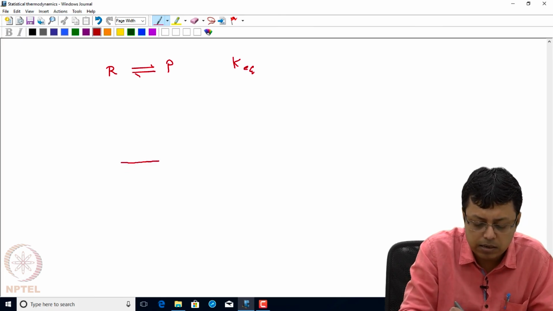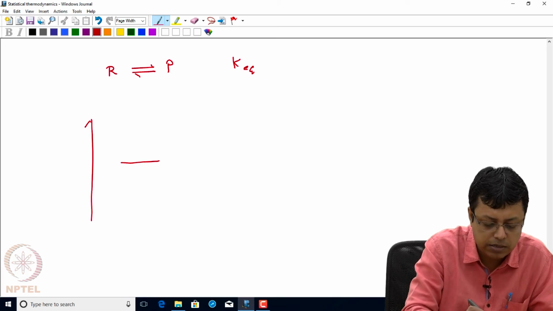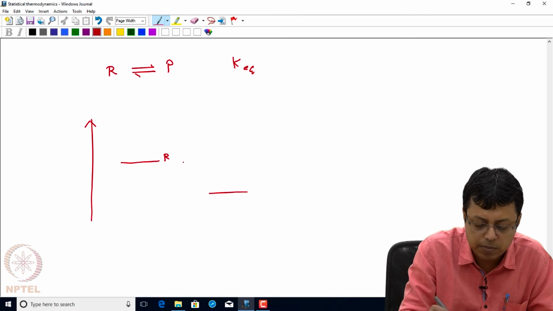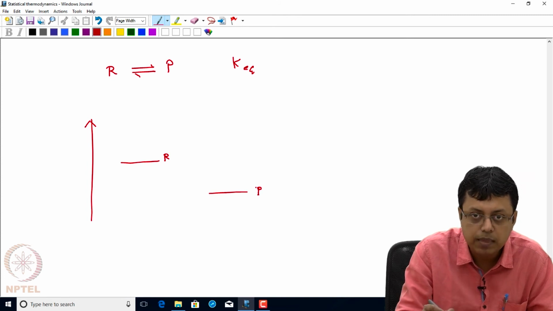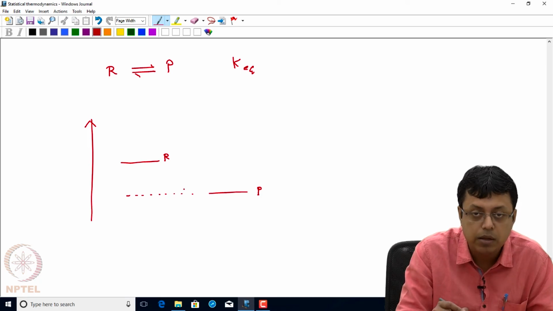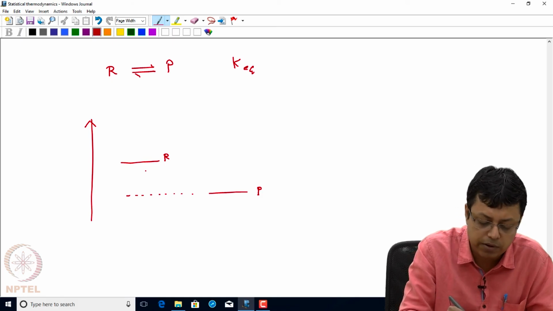Suppose in a free energy diagram the reactants' energy levels are here and the product energy levels are here. What you can show, I'm not doing the derivation right now, you can look at any standard physical chemistry textbooks which are referred to you.